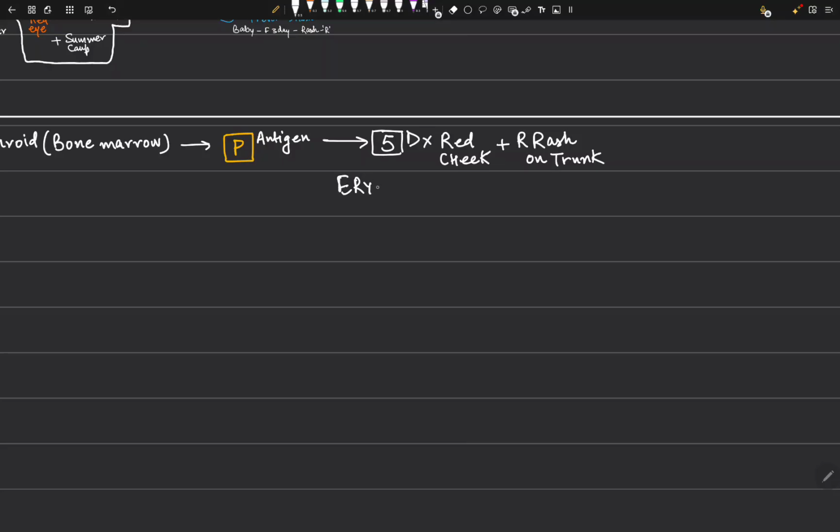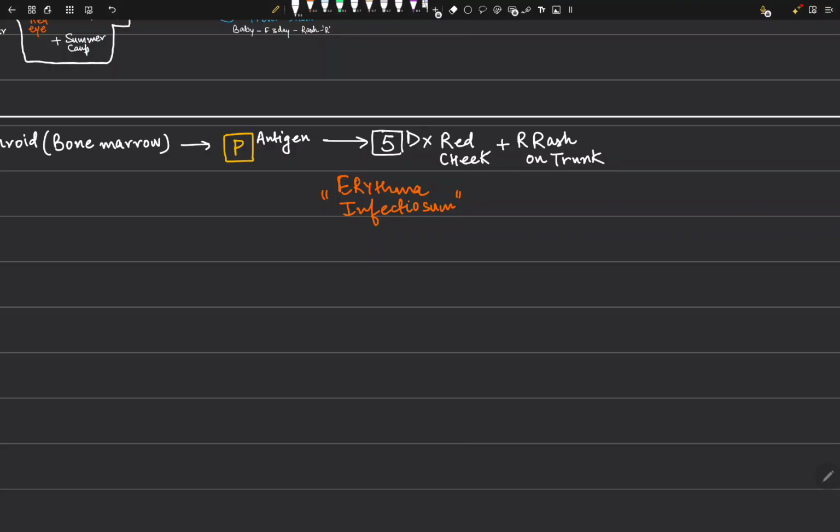Erythema means red. Very cool name for this disease. This slapped cheek appearance is super important because once a child develops this rash, they are usually no longer contagious.